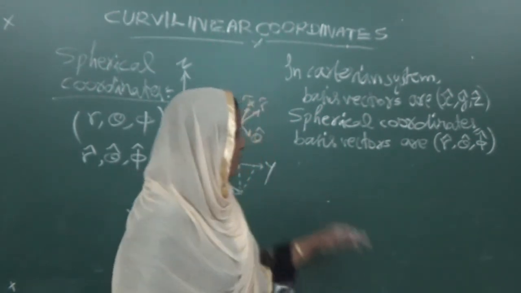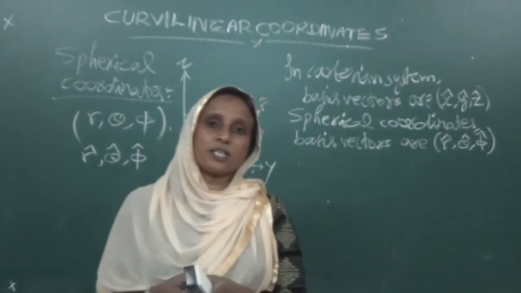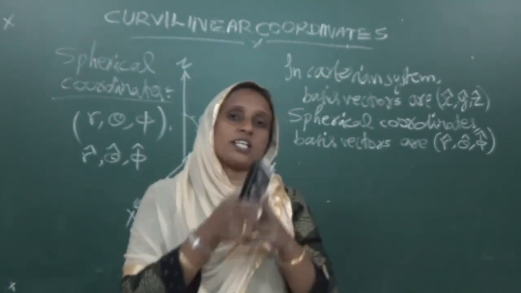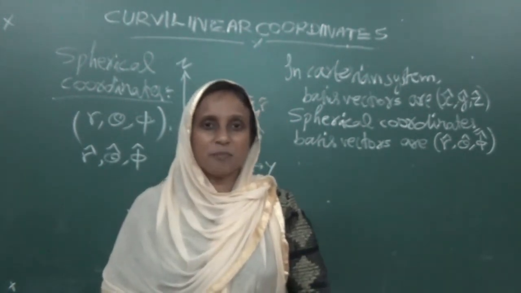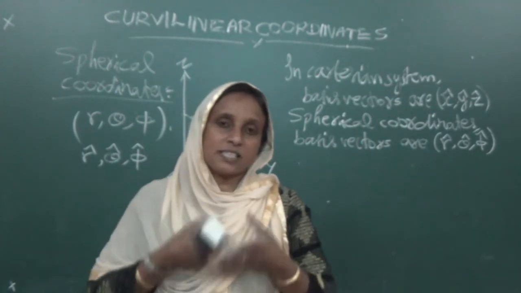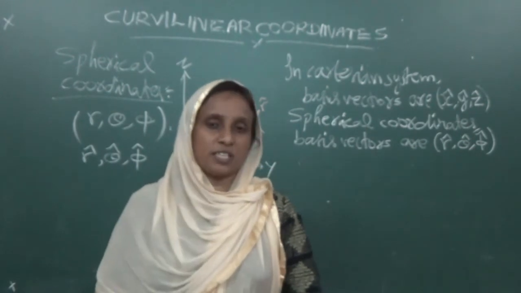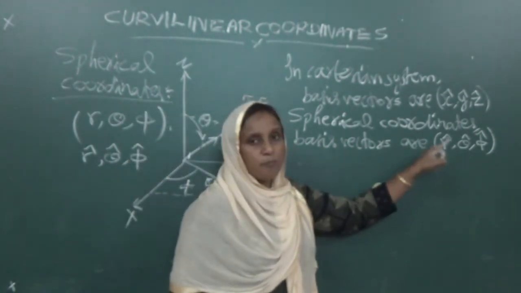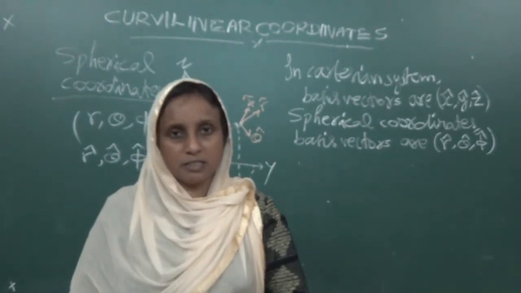Now, it is very easy to imagine this in Cartesian system, because we already mentioned that x cap is along x direction, y cap is along y direction and z cap is along z direction. Similarly, here r cap points along the increase of the radial component.